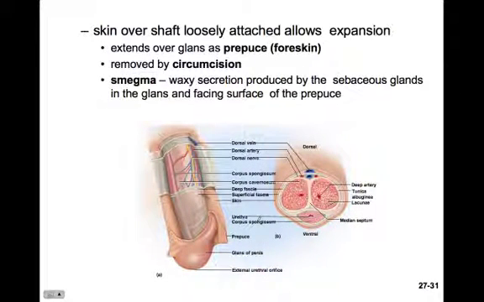The skin over the shaft is loosely attached, which allows great expansion. It extends over the glans as the prepuce, or foreskin, unless that's removed by circumcision.